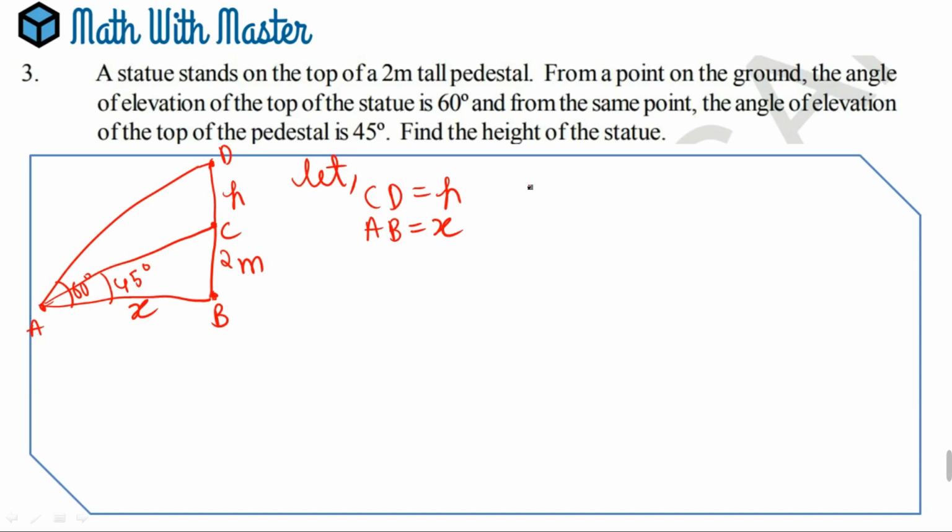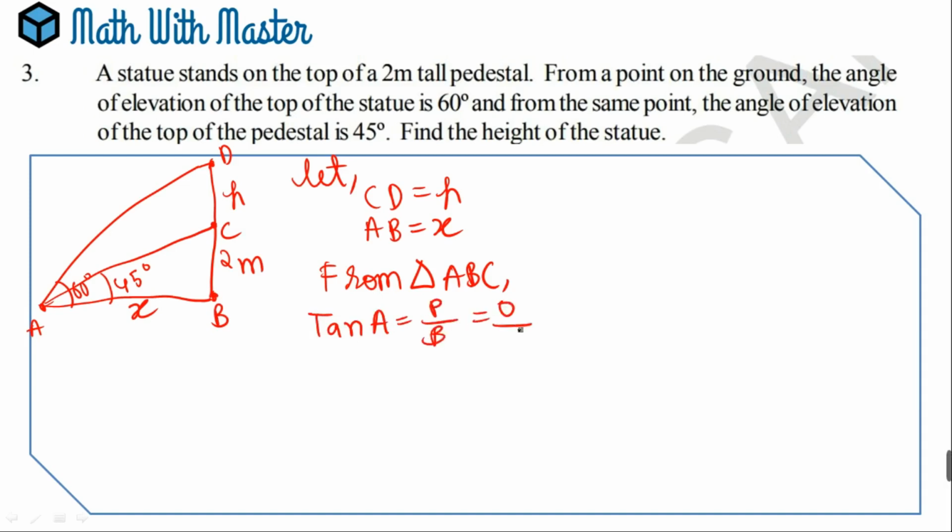So from the right angle triangle ABC we will find the length of AB. So from triangle ABC, now what trigonometric ratio should we use, in which perpendicular and base are involved, that is tan theta. So tan A is equal to perpendicular upon base, which is also opposite upon adjacent, which is here equal to BC upon AB.